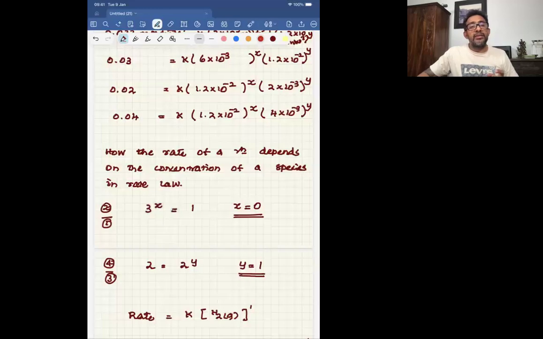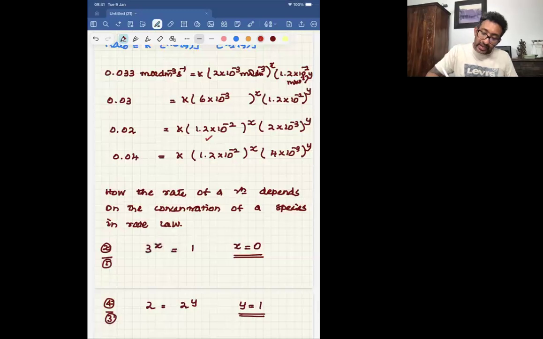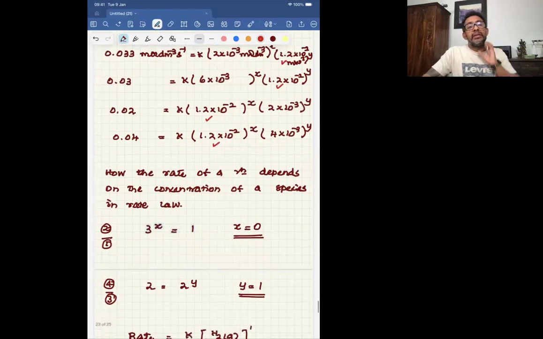The easiest way is where things will cancel out. Here also things will cancel out. Here the things won't cancel out easily, so that is why I did 4 divided by 3. Anyway, you should get the same answer.